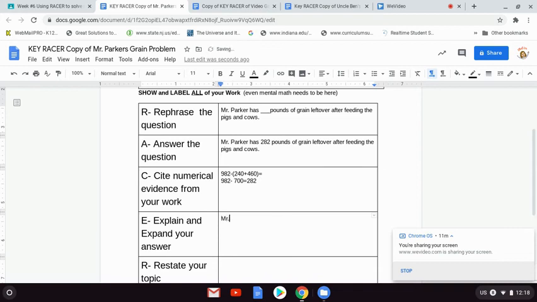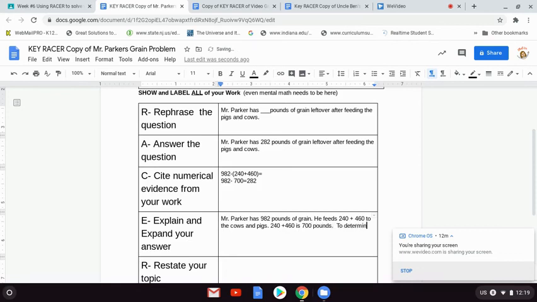So now we have to explain how we got that. So Mr. Parker has 982 pounds of grain. He feeds 240 plus 460 to the cows and pigs. 240 plus 460 is 700 pounds.